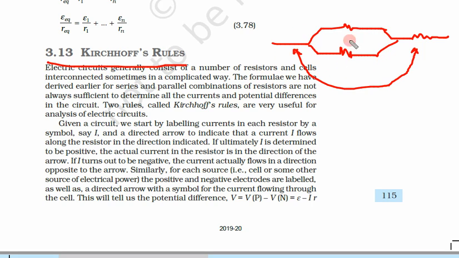We can measure the potential difference across this resistance. But sometimes the circuit is so complex that we cannot use these simple methods. These parallel or series methods are no longer valid in that circuit. So what do we do in that case? We use Kirchhoff's rules.